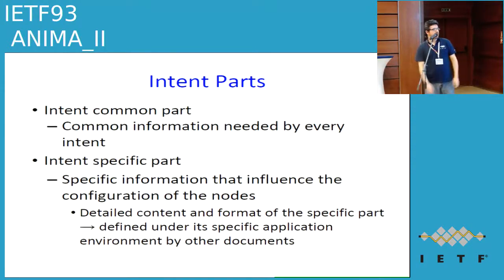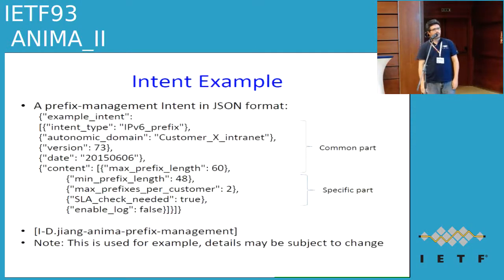Next slide. So using an example which is similar to one that Brian presented, in the higher part of the slide, we have the common part, which is some information that every intent in the network should have. For example, we can see the type and the domain or the version of the intent.